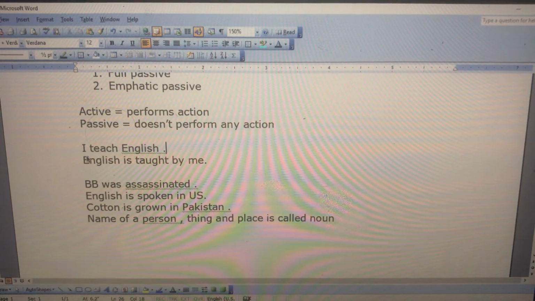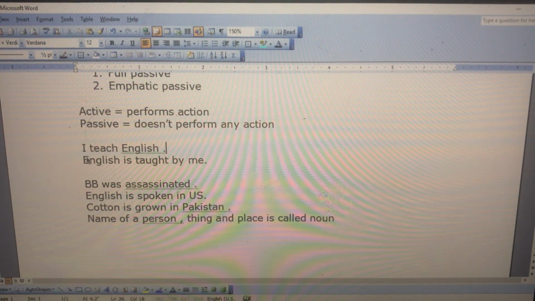We changed the roles of subject and object. In the first sentence, subject is active. That is why it is called active sentence. In the second sentence, the object became passive. That is why it is called passive voice.